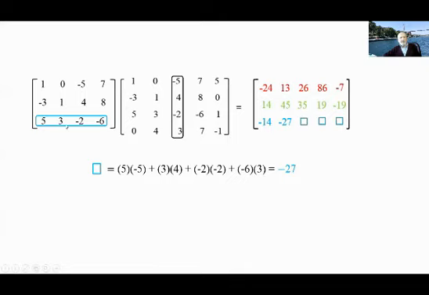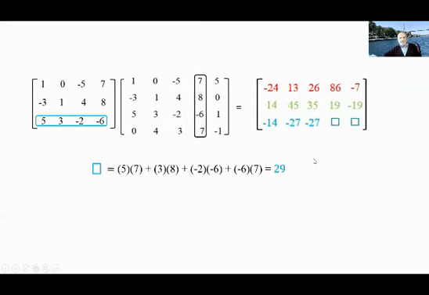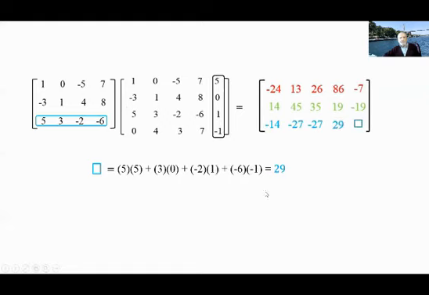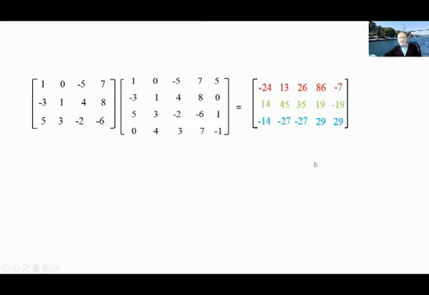Keep going. Third row, third column, another -27. Now this one here is third row, fourth column, you get 29. And then third row, fifth column, you get another 29 here.